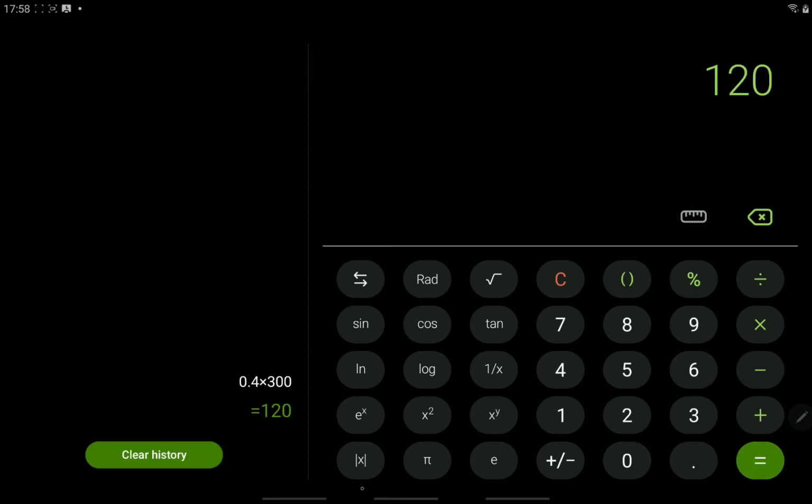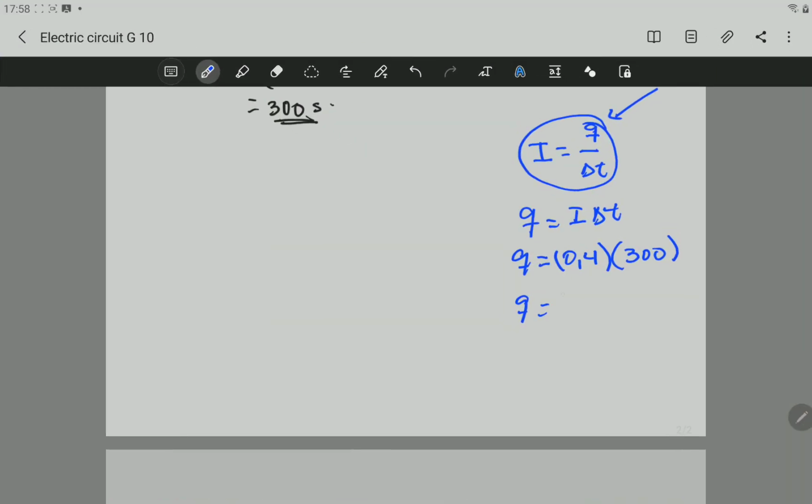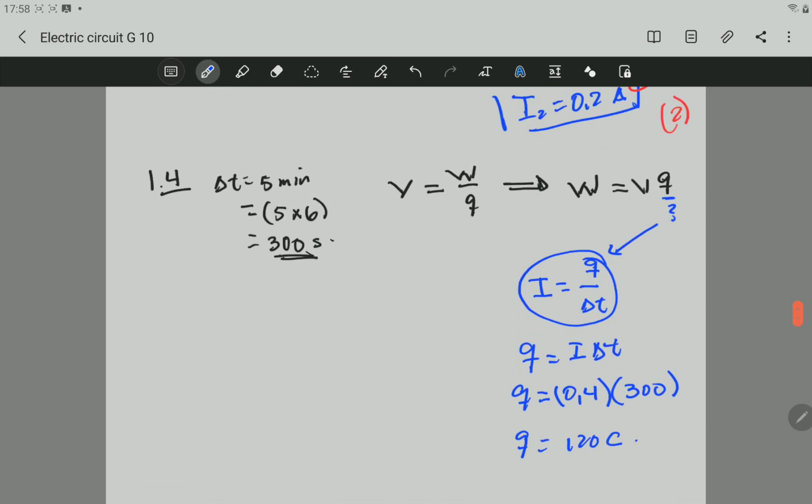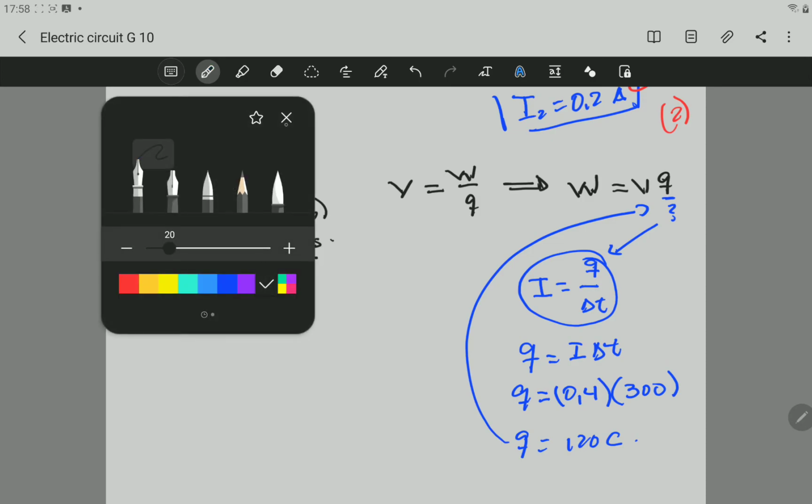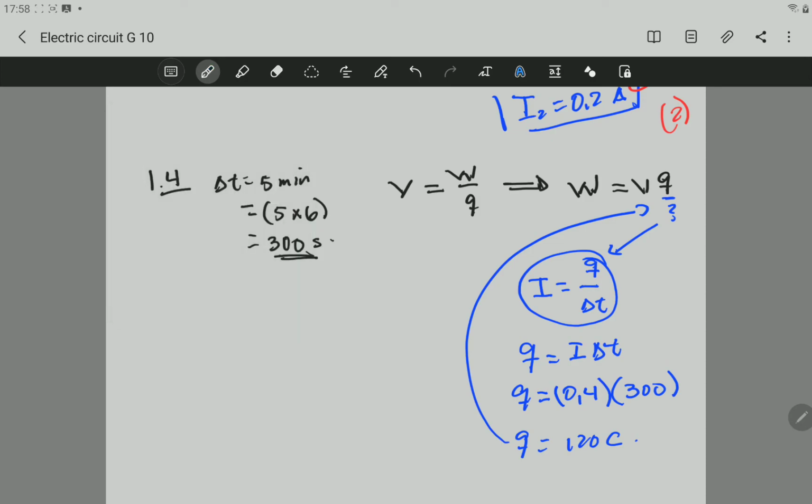This is 120 coulombs. And this charge is going to be substituted there. So now we can calculate the work done, the energy. Energy is equal to potential difference, which is 10, multiplied by the charge, which is 120. So the energy transfer is going to be equal to 1,200 joules.